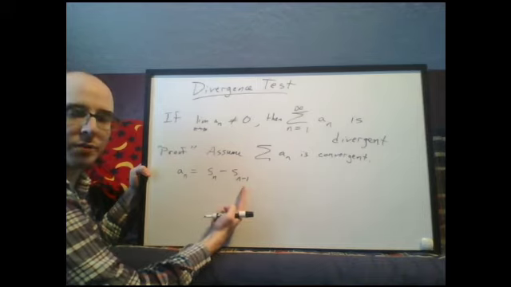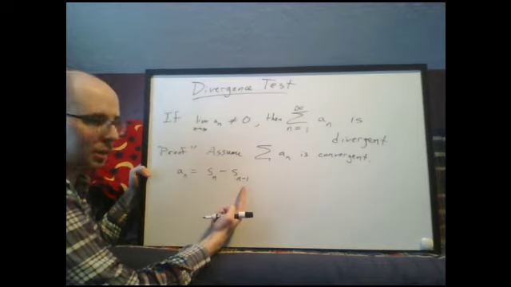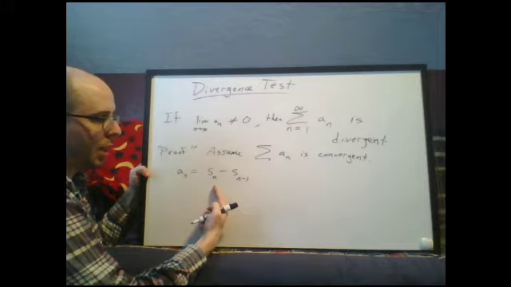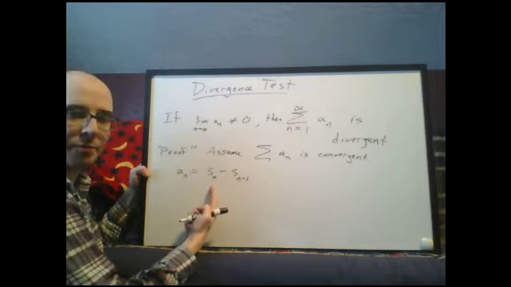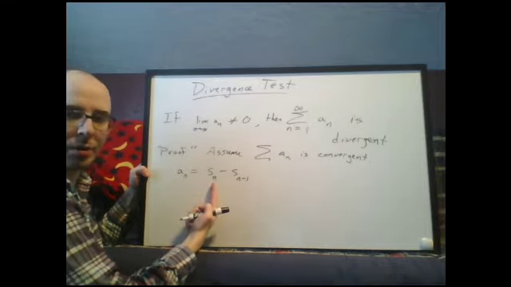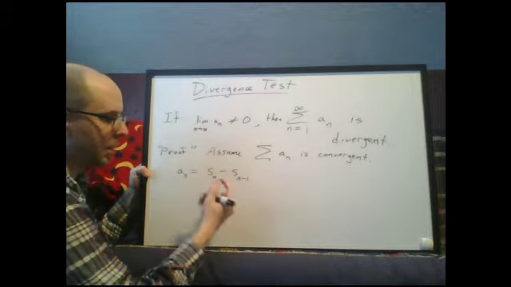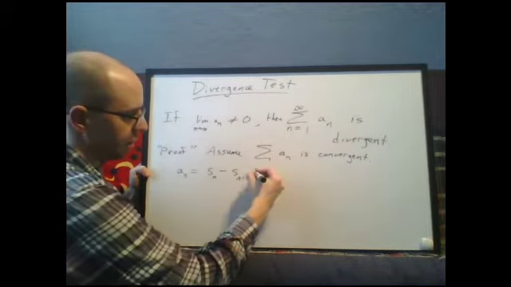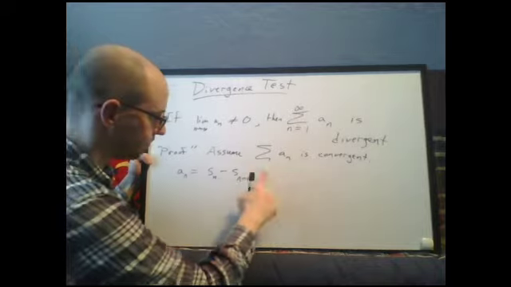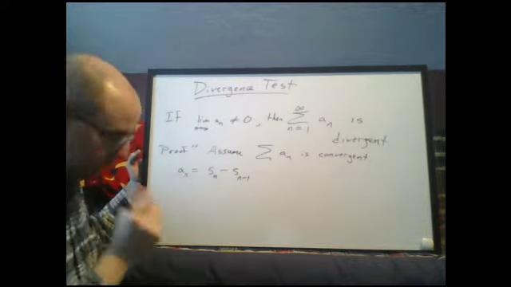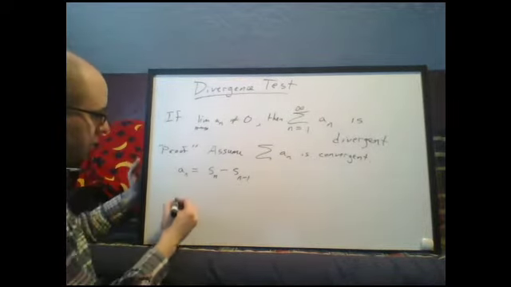S_(n-1) is the sum of the first n minus 1 a's. So if I subtract, I'm canceling all of the a's except for the last one from S_n, which is a_n.